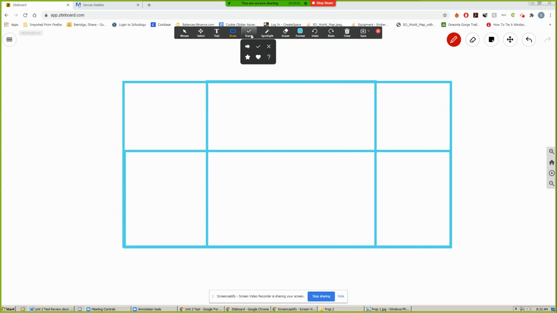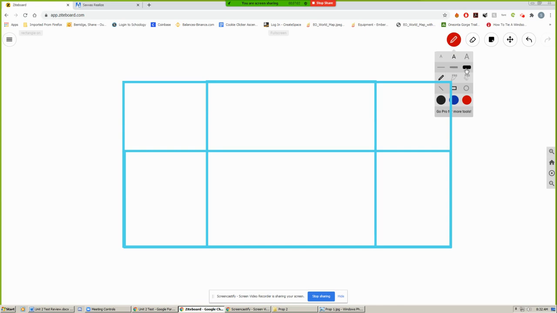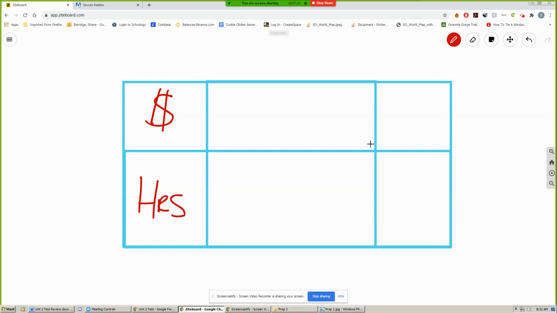Let me see, drawing here. A straight line, there it is. So we're looking at money and hours. Then we're looking at populating it.